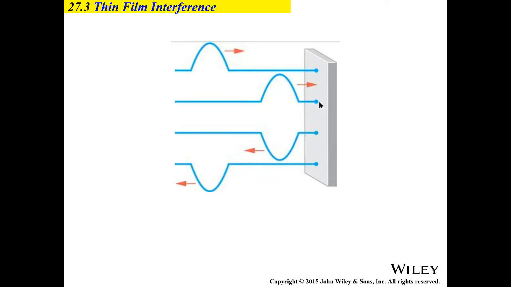If I'm in air, my electric field is able to go up and down, up and down. But when I now come to the water, let's say, or this medium, which is denser, those poor atoms are not as free to bounce around.